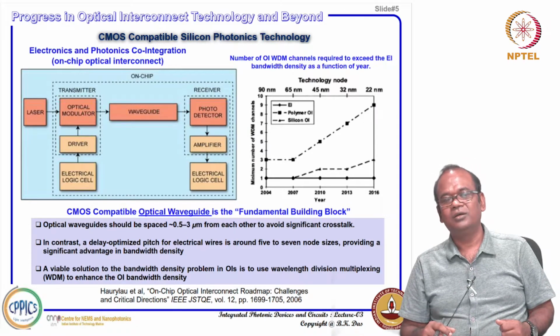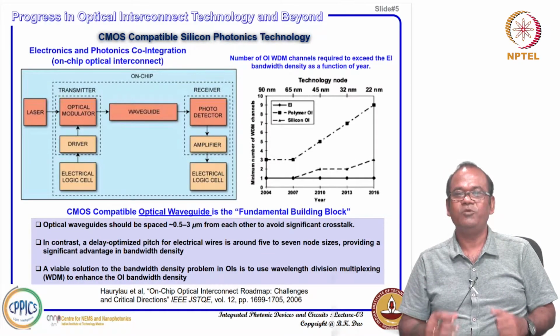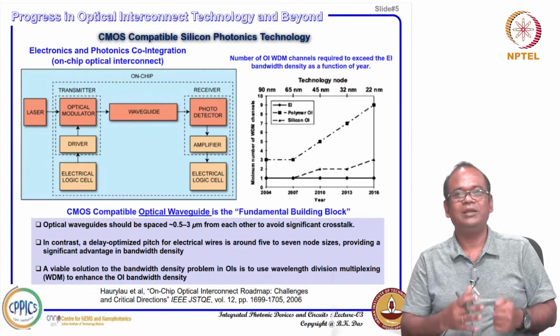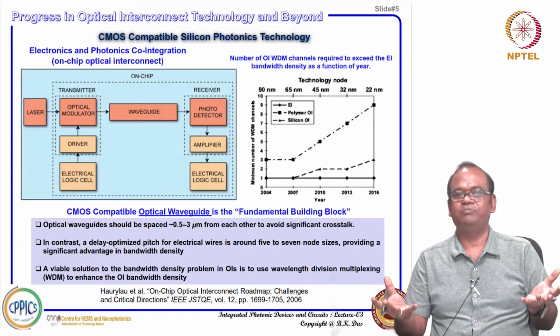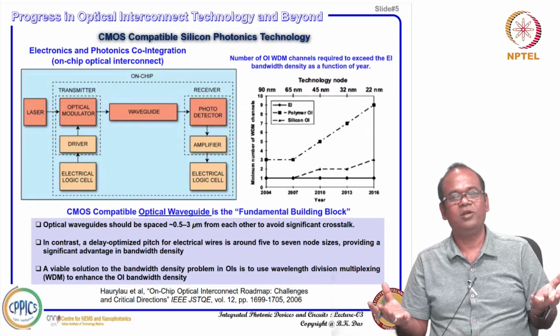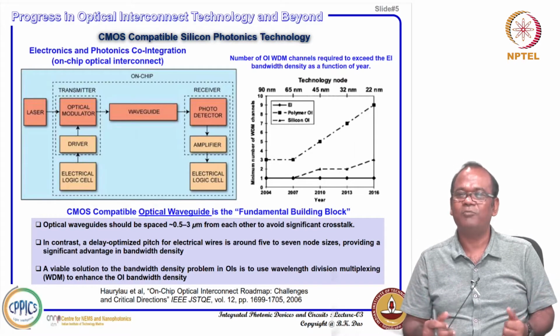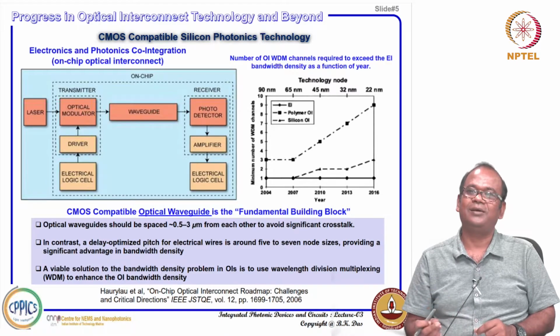And then people are thinking that within the chip, for example, I was talking about wafer scale engine. Wafer scale engine means you have an entire system on chip, system on wafer, I would say a 300 millimeter wafer. Within that wafer your interconnect bottleneck is there, whether it is possible to integrate optical interconnect on chip.